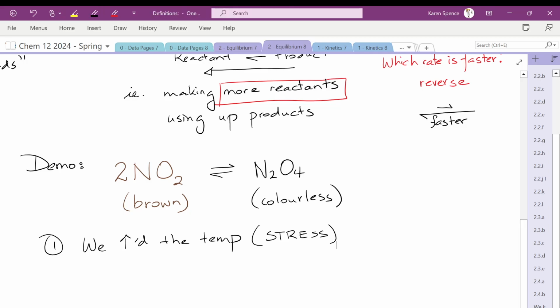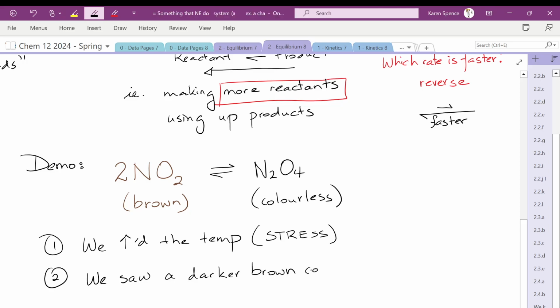What did we see when we increased the temperature? Did it get darker or lighter? We saw a darker brown color. Would you like me to say we saw a darker brown color evolve or develop? Develop? Okay.